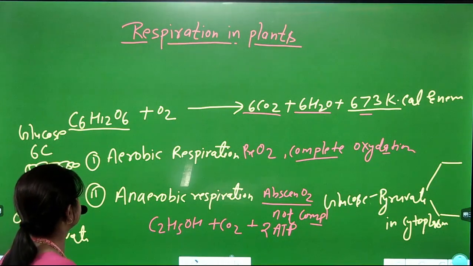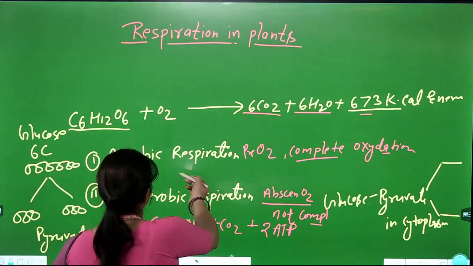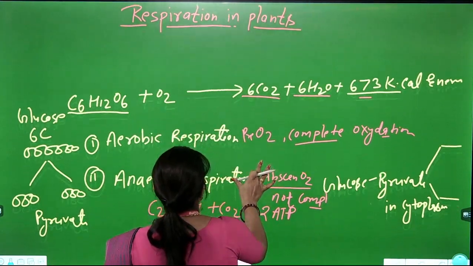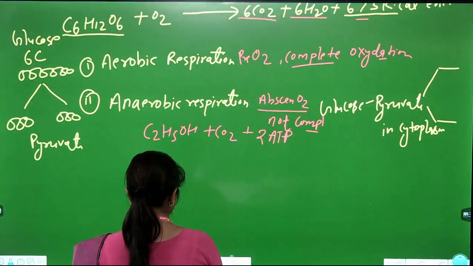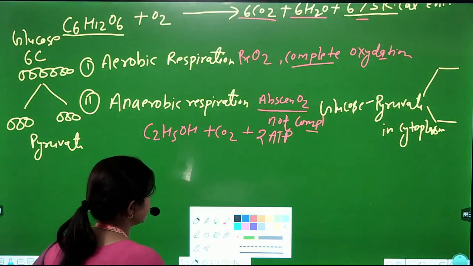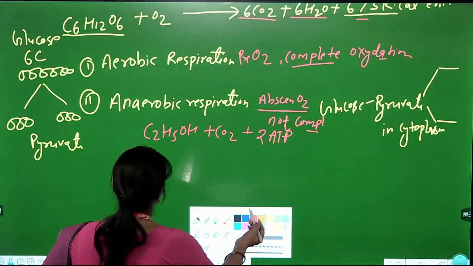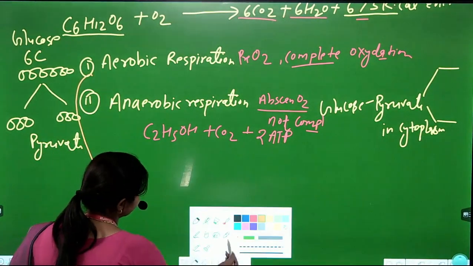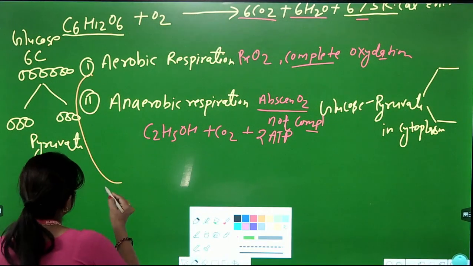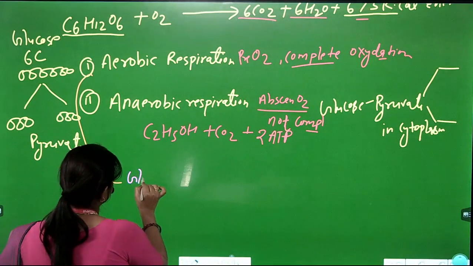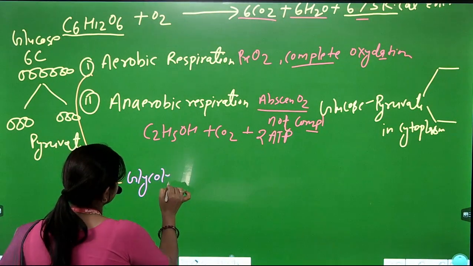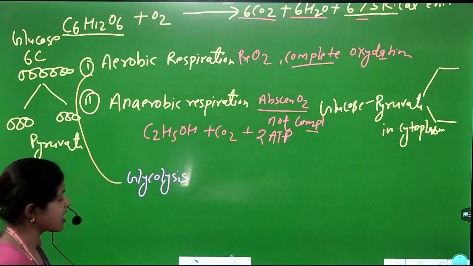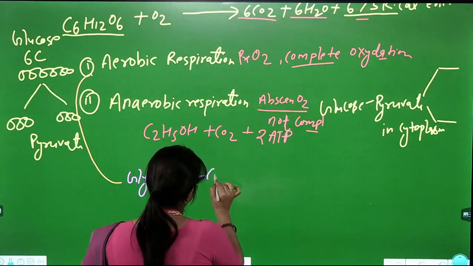Students, aerobic respiration is completed with 4 steps. First step is glycolysis. Glycolysis occurs in the cytoplasm.